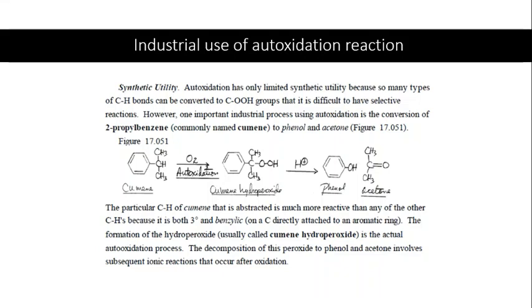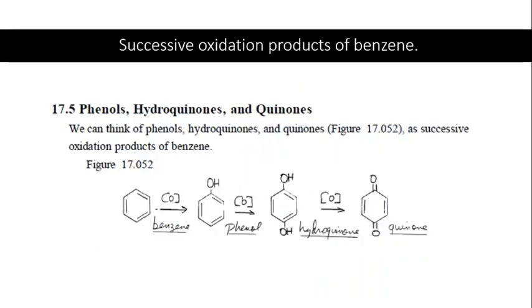So we can oxidize the benzene ring to phenol, and then phenol to hydroquinone, and then quinone. I think we have already discussed such reactions, and we have also discussed the conversion of cumene into phenol, chlorobenzene into phenol, benzene sulfonic acid to phenol, and then benzene diazonium salt to phenol.